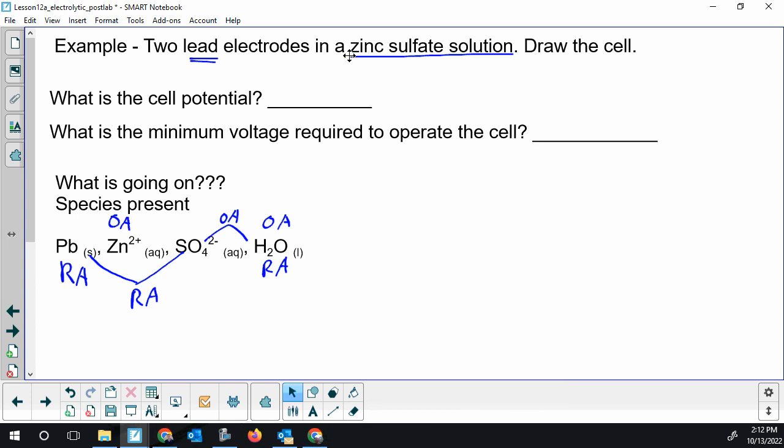What's our winners? We've got 3 OAs to consider. If you start at the top of the reducing agents and work your way down, we've got zinc 2+ is just above water in our table, and the water sulfate is lower even more. They're all pretty bad, but the zinc 2+ is the best.